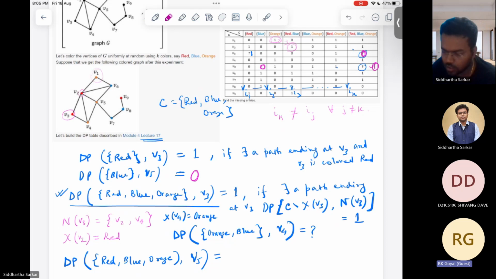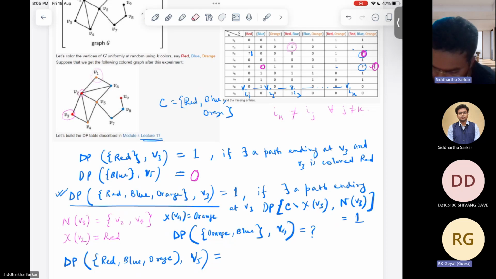What's the significance of blue here? It's true that the color of the vertex V2 is red, but we are moving to V2 from... sorry, I made a mistake. So you want blue, right?